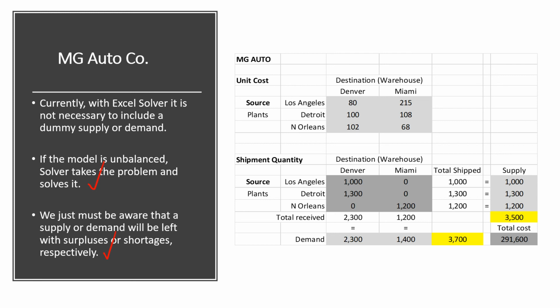For example, here we have a 3,500 car supply, but we need 3,700. Okay, so Denver is going to get 2,300 and Miami is going to get 1,400. Now we have here a shortage of 200. That means that Miami is going to have a shortage of 200 units.